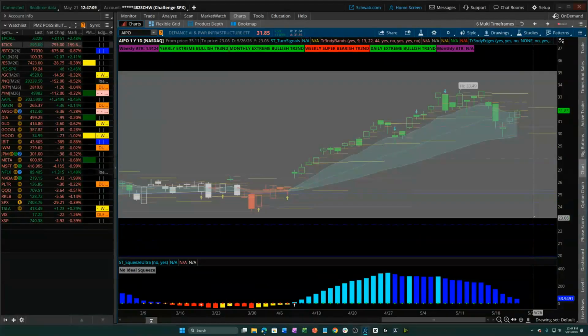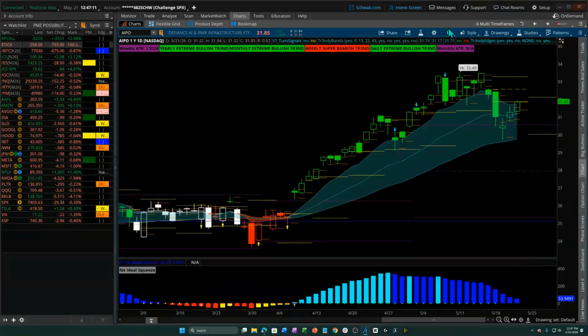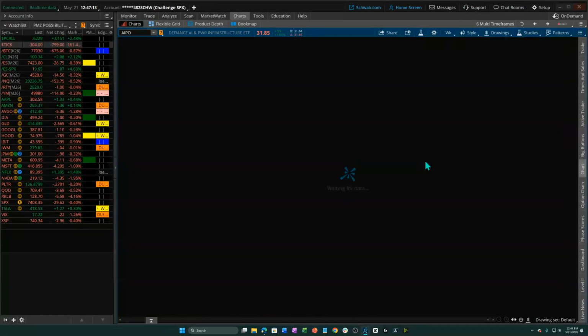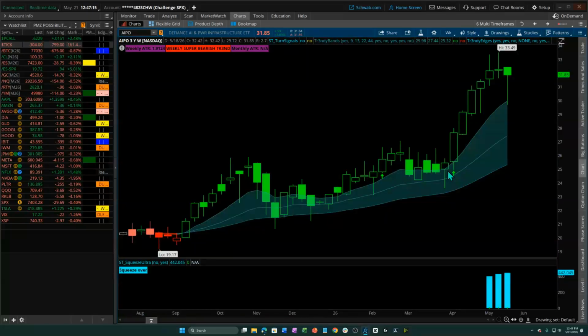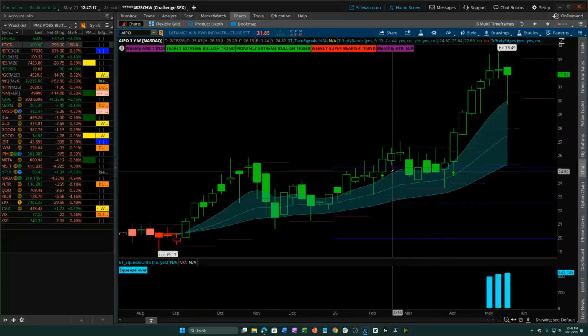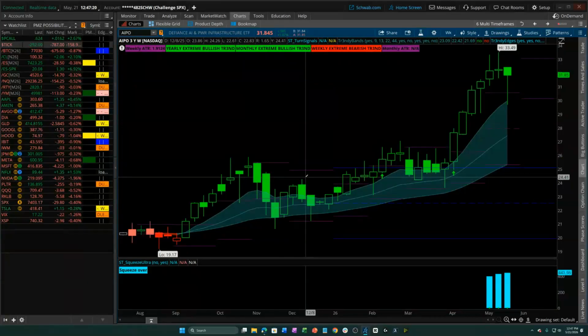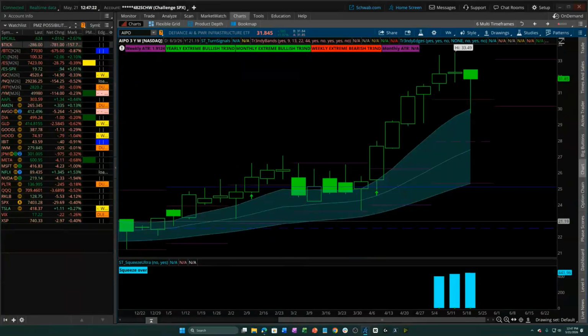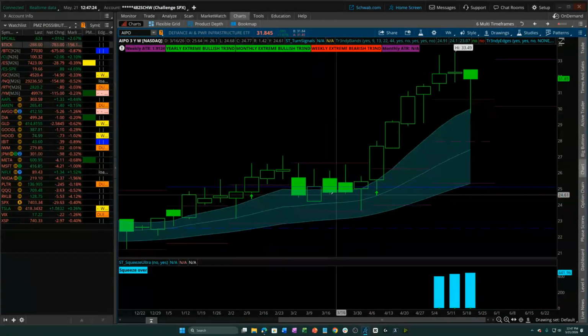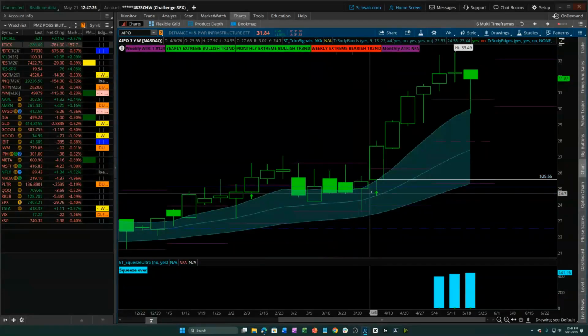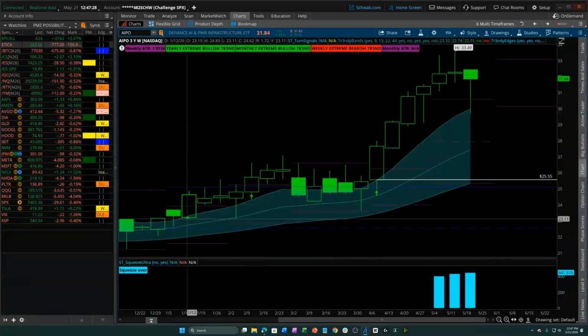Yeah, very good. All right, so weekly chart. Let me first start there. Well, this looks like the overall market. 100% this looks like the overall market.